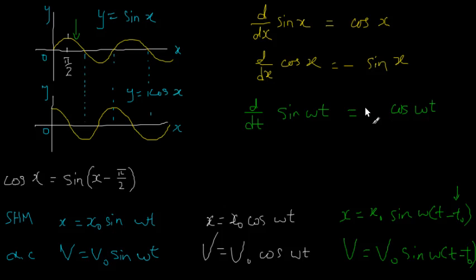So that means that I would get a factor of omega outside. Okay, and if I do d by dt of cosine omega t, I would get a minus sign, minus of sine omega t, and again using the chain rule, I will get an additional factor of omega.